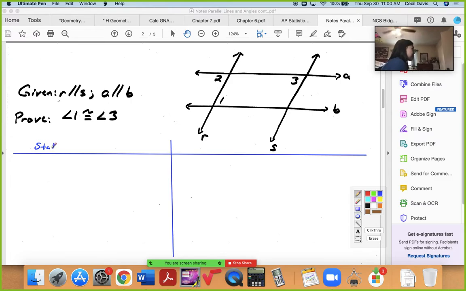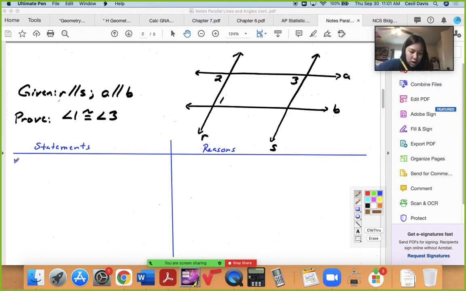So for these, one of the most common ways to do a proof is to do what's called a two-column proof. Your first column will be your statements, and your second column will be your reasons. Every reason has to be either the given or a definition, a property, a postulate, a theorem, something you have already showed is true.